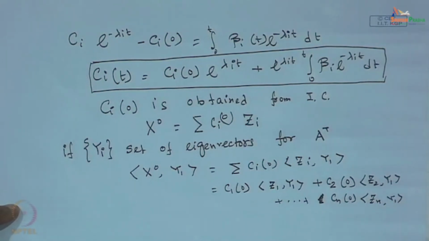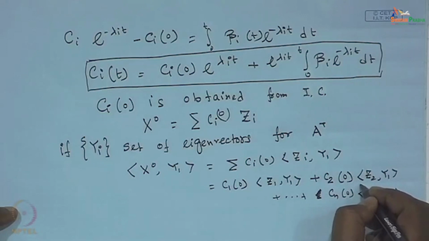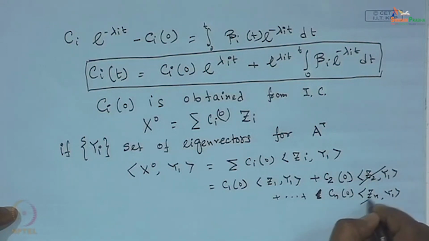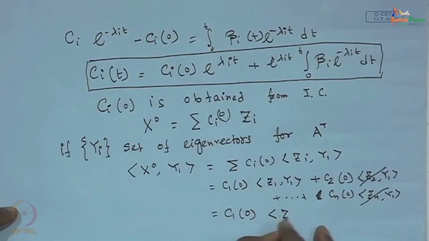y_1. Now, for z_1 and y_1, we have already proved that eigenvectors of A and A transpose will form a bi-orthogonal set. So, the inner product of z_2 and y_1 will be 0, and likewise for the others, so only one term will survive in this summation, that will be c_1 naught inner product of z_1 and y_1.